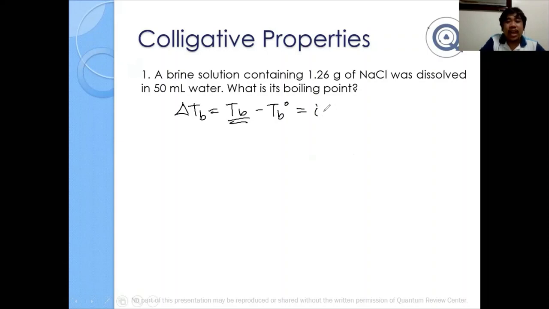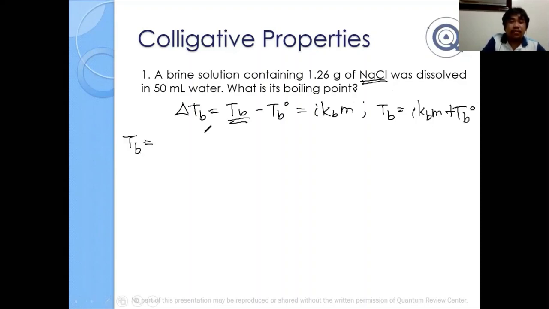Don't forget to put i because of the non-ideal solution formed when NaCl is dissolved. Upon rearranging, TB will become i KB m plus TB naught.